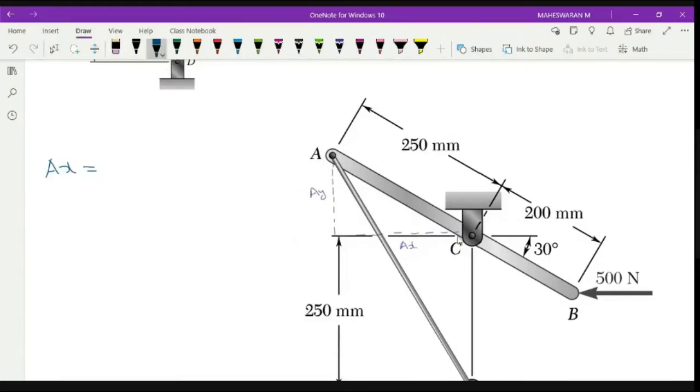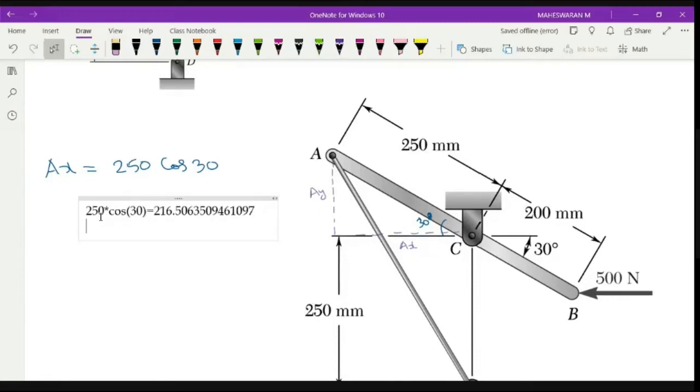AX will be, so this is 250 and this angle is 30°. The 250 is the adjacent side, so you will get 250 cos 30. 250 into cos of 30, so you will get around 216.